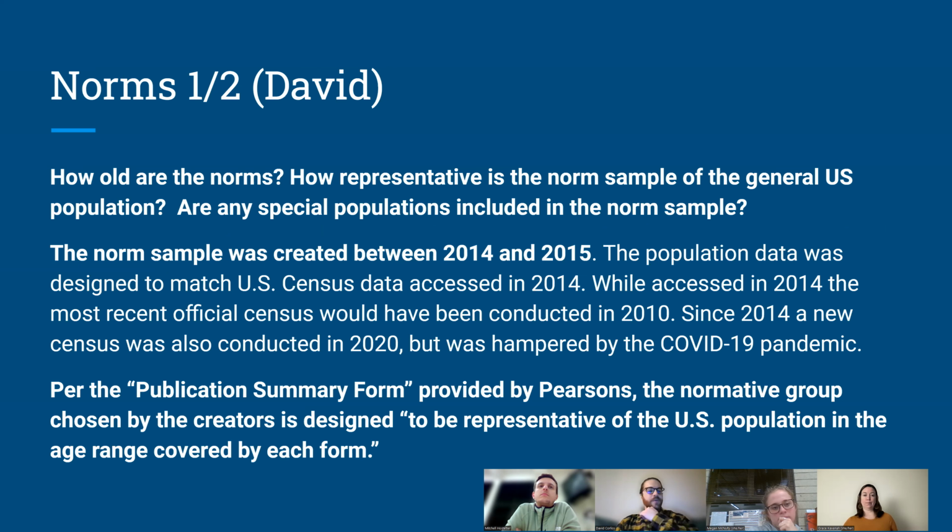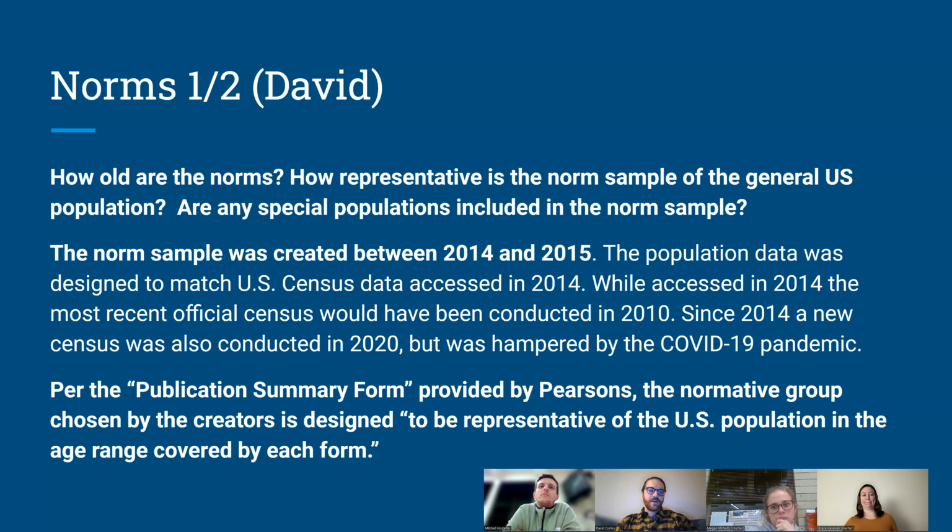What wasn't clear to me was whether this was simply that it was accessed in 2014 and therefore was relying on the 2010 census data, or if it was some sort of updated, non-official or not the major, but some sort of supplementary data. It's also interesting because this is pre-COVID pandemic, and so there should be some COVID-19 related census data that we could be using that might reflect different geographic arrangements.